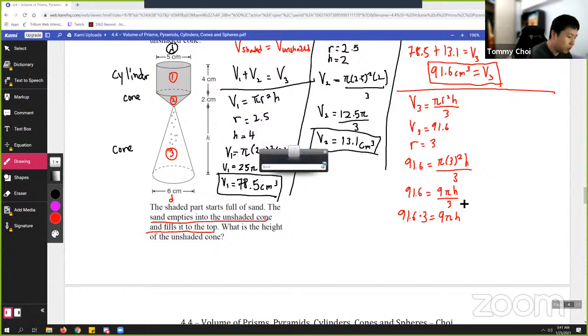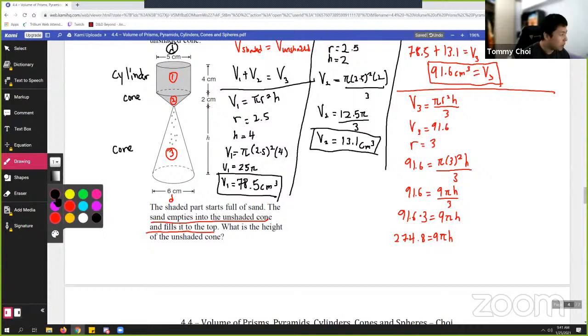And so 91.6 times 3 is 274.8, which is equal to 9 pi h. Then we can get rid of 9 pi. We can divide by 9 pi on both sides. And that gets rid of the 9 pi on the right.